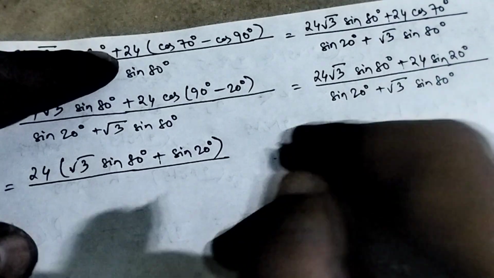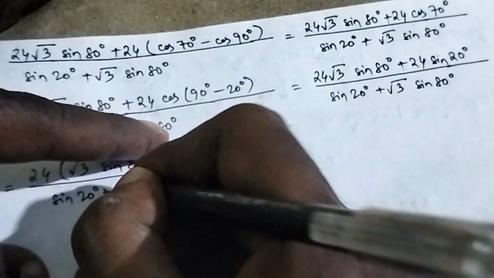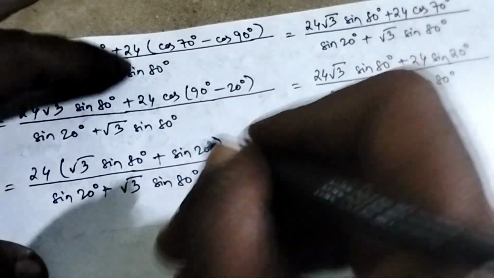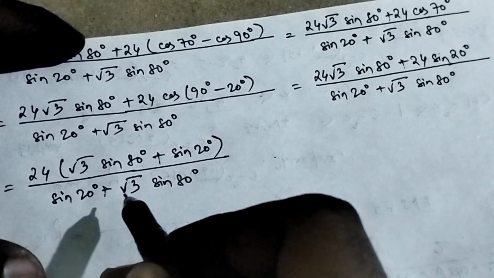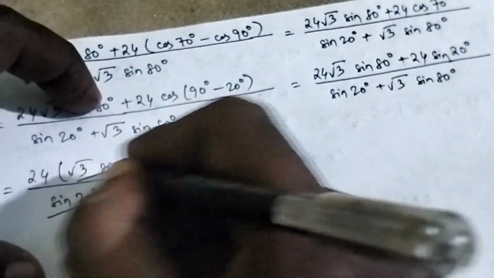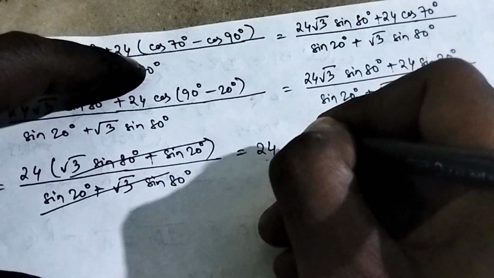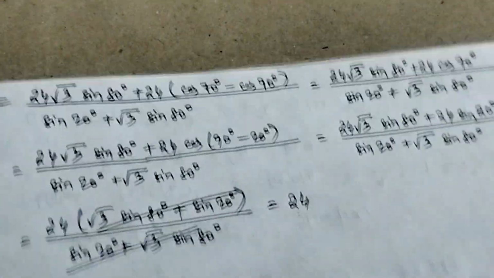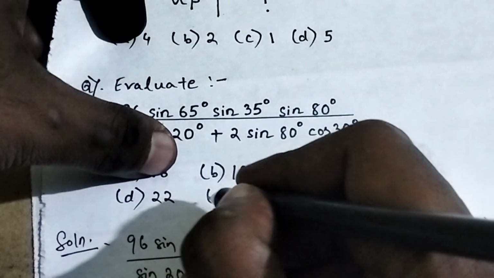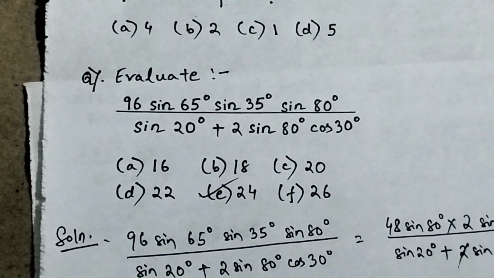And in the denominator we have sin 20° plus root 3 sin 80°. See, both are the same, so these two will cancel each other. What will remain? Only 24. So which option do you think is right? Option E is the correct option, 24. Clear? Thank you.